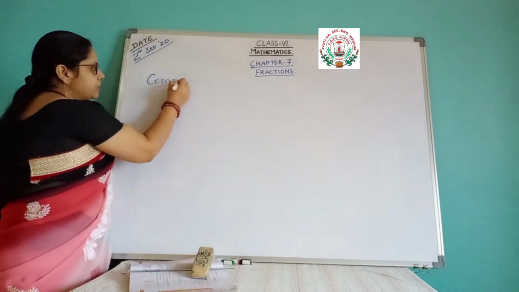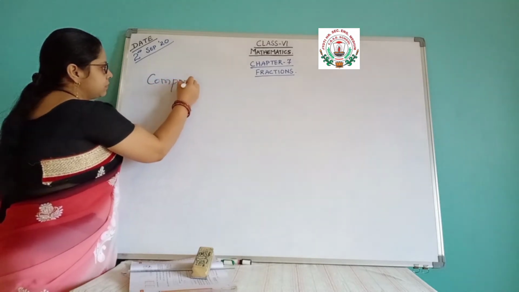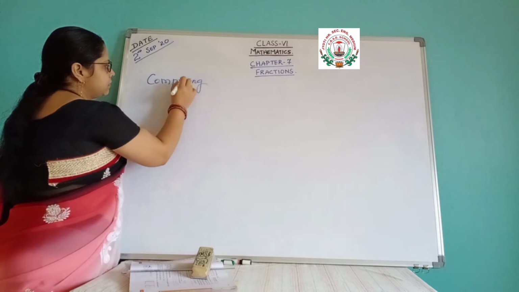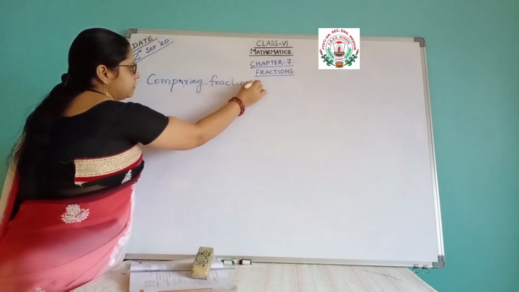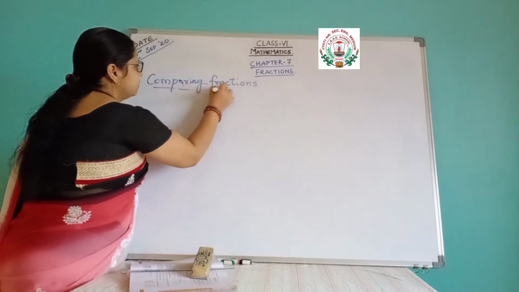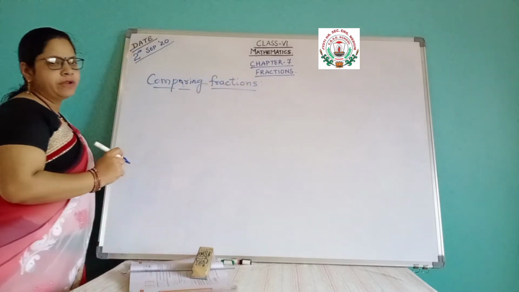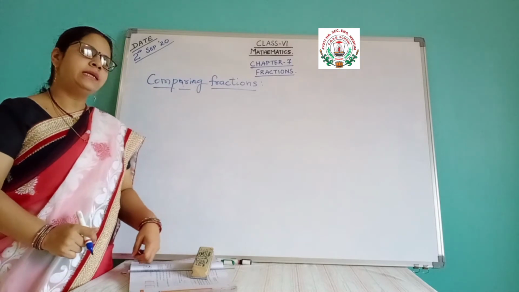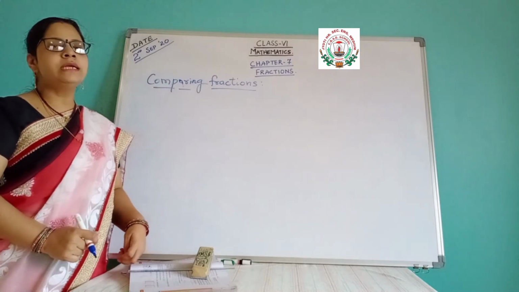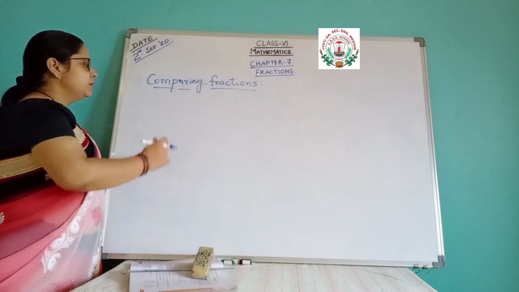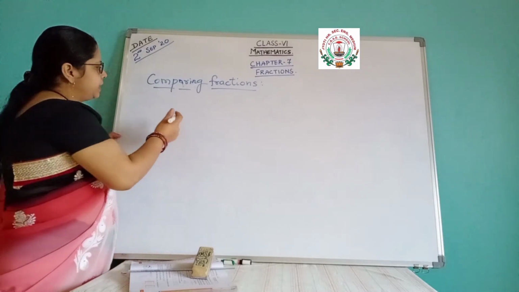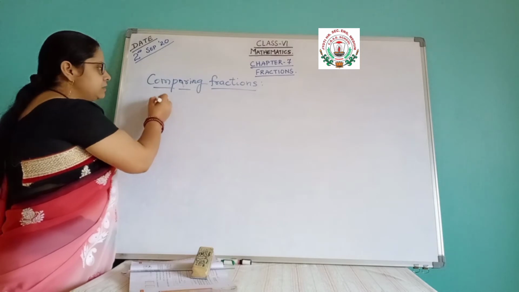Comparing fractions. If the numerators are same and the denominators are different, we'll have a little difficulty. But if the denominators are same and the numerators are different, it is very easy.